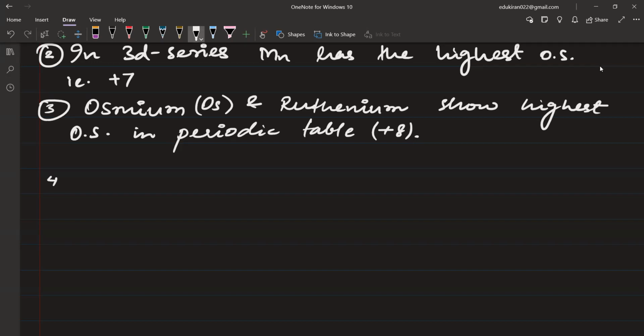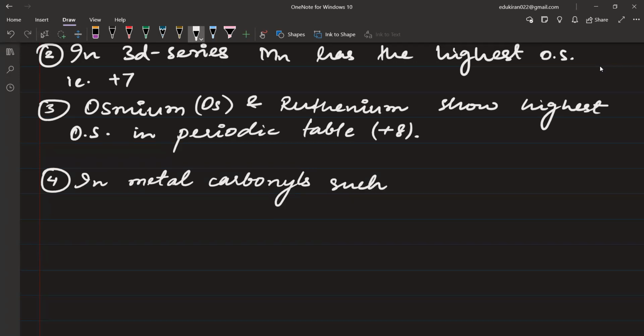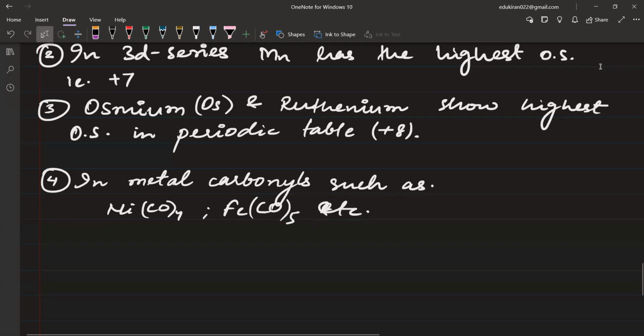And the fourth point. Now, this question overlaps between coordination compounds and D and F block elements, but please write here also: in metal carbonyls such as Ni(CO)4, Fe(CO)5, you do not need to remember this.